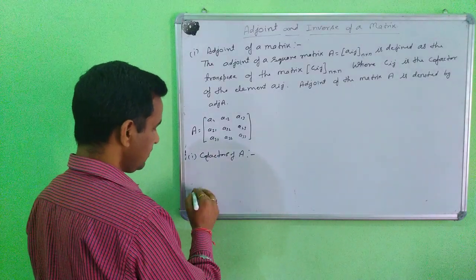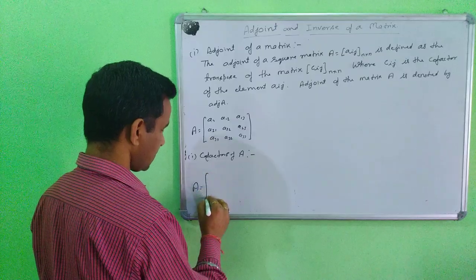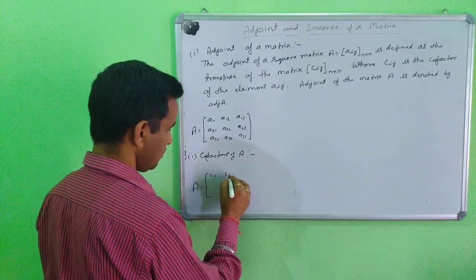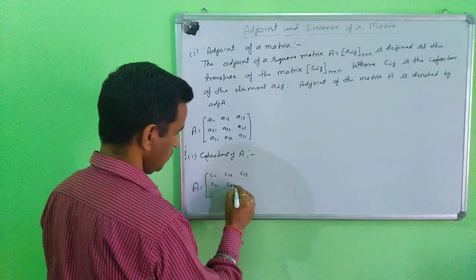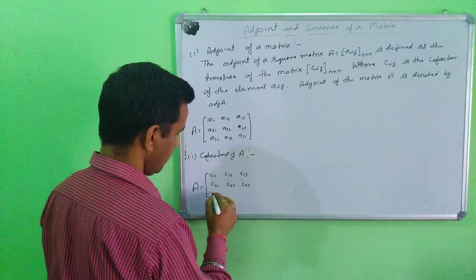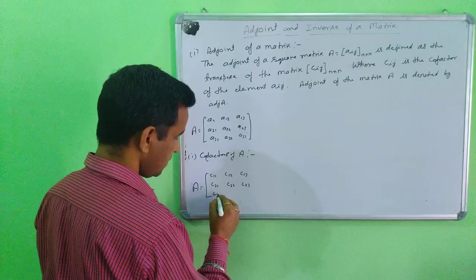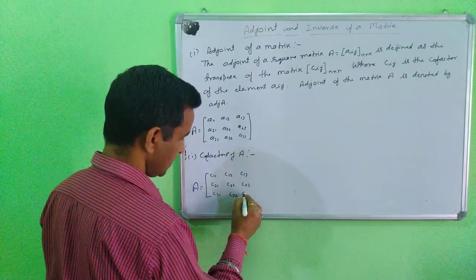Suppose this matrix of cofactors is C11, C12, C13, C21, C22, C23 and C31, C32 and C33.